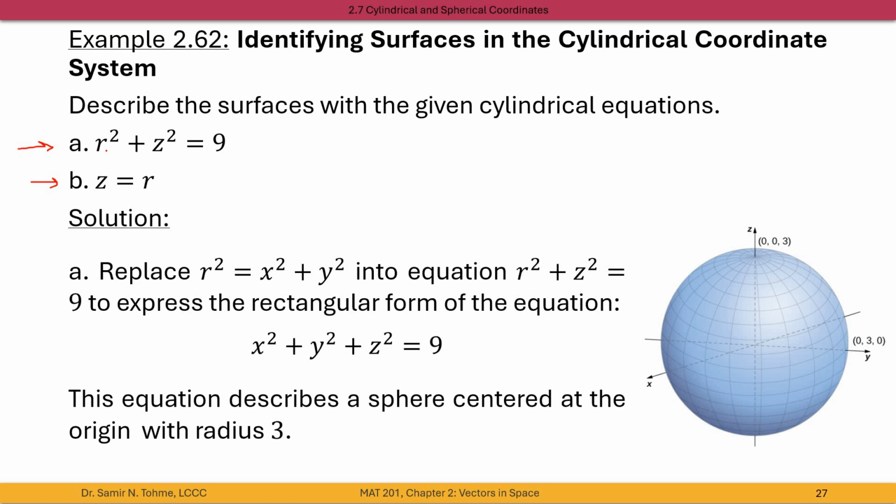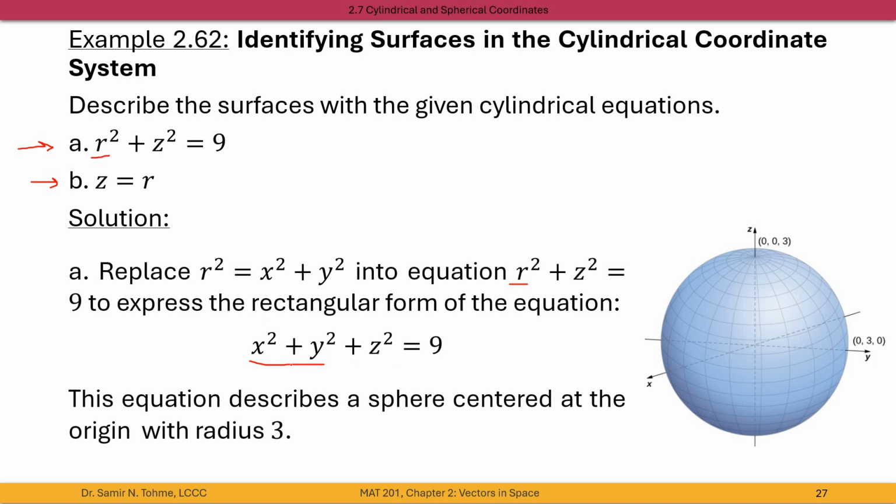In part A, you are given r squared plus z squared equal to 9. We know what r is: r squared is equal to x squared plus y squared. Replace it in this equation in cylindrical coordinates. So replace r, and you will get x squared plus y squared, which is r squared, plus z squared equal to 9.